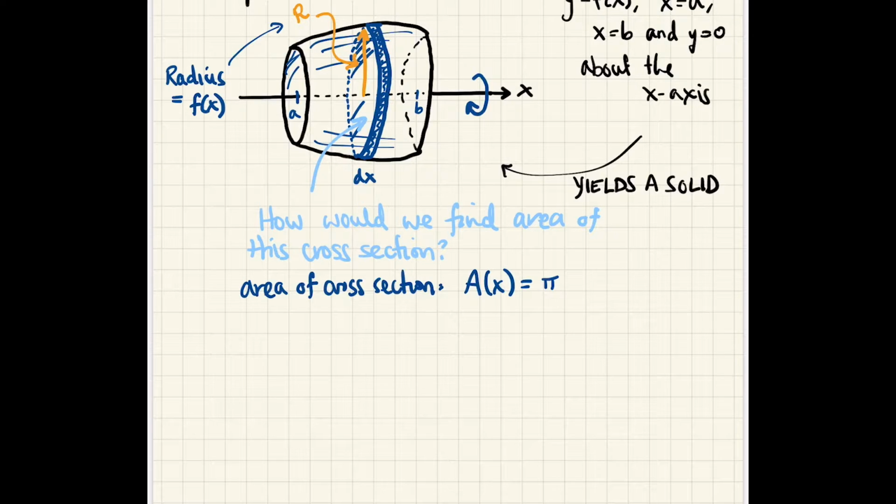Well, that's pi times the radius of the rotation squared. And as we just saw, that would be pi times f of x squared.